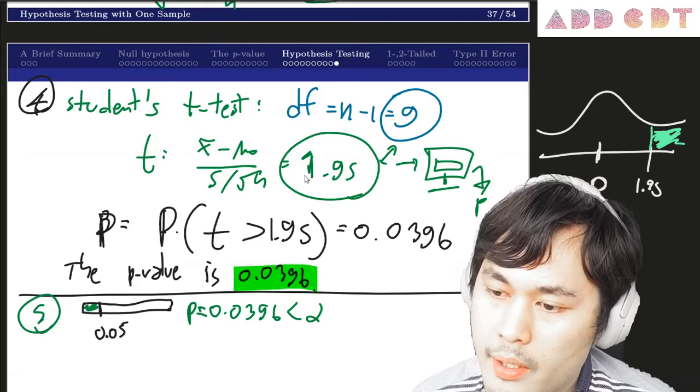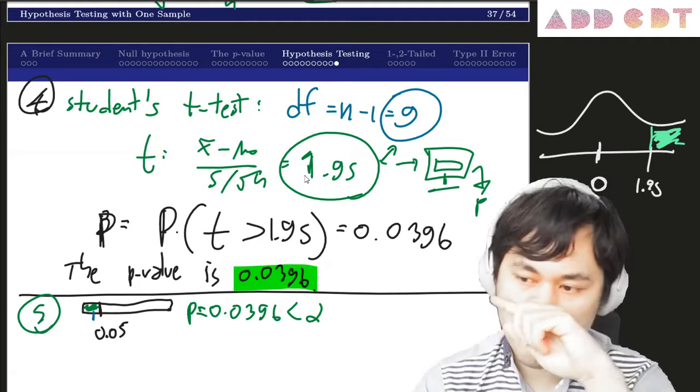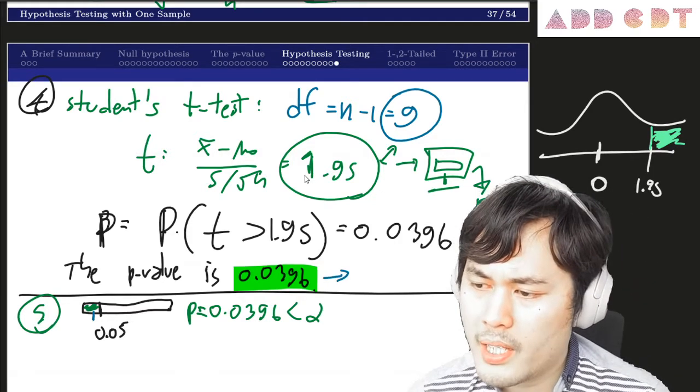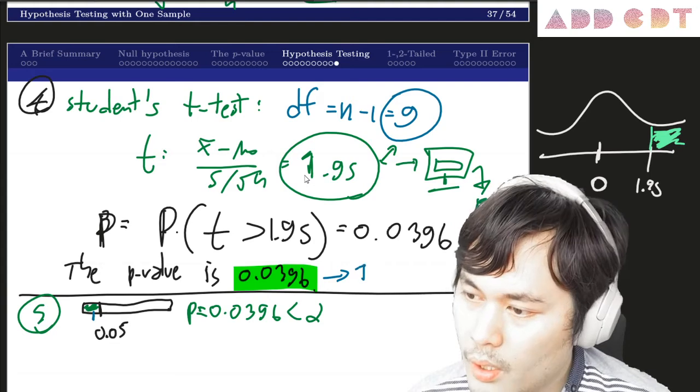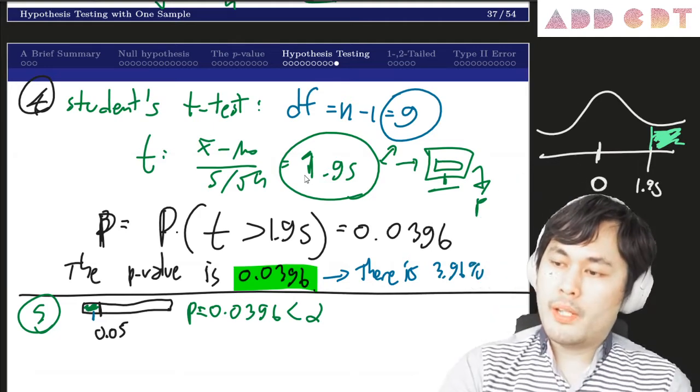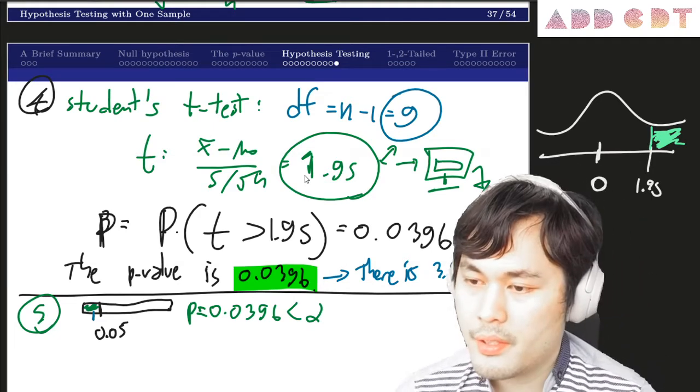It's somewhere here, maybe about 0.04. Oh, by the way, in this case, it says that there is a 3.96% chance. The p-value itself has some meaning.